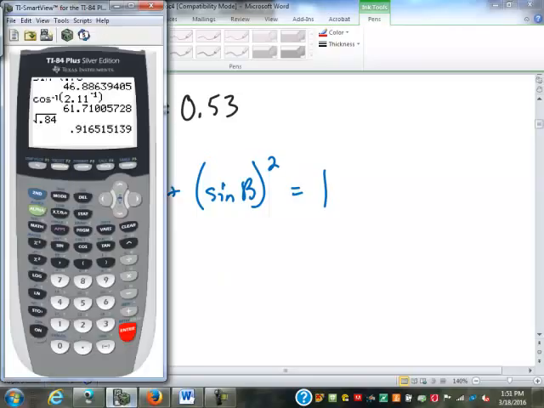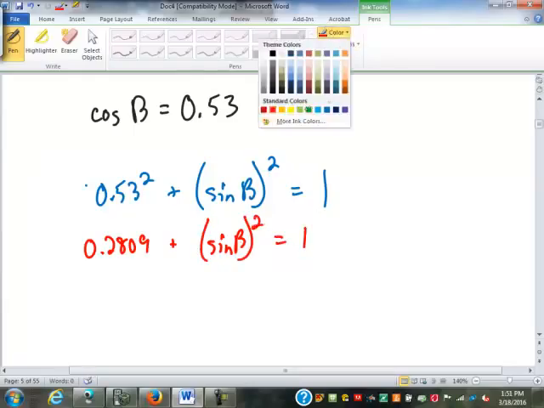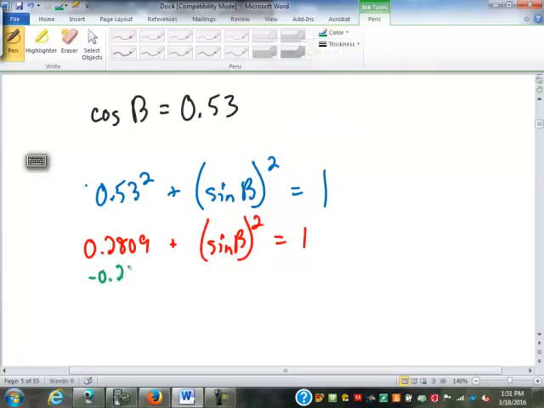So we've got 0.53 squared, which is 0.2809, plus the sine of B squared equals 1. So now we're going to do what? 0.2809.